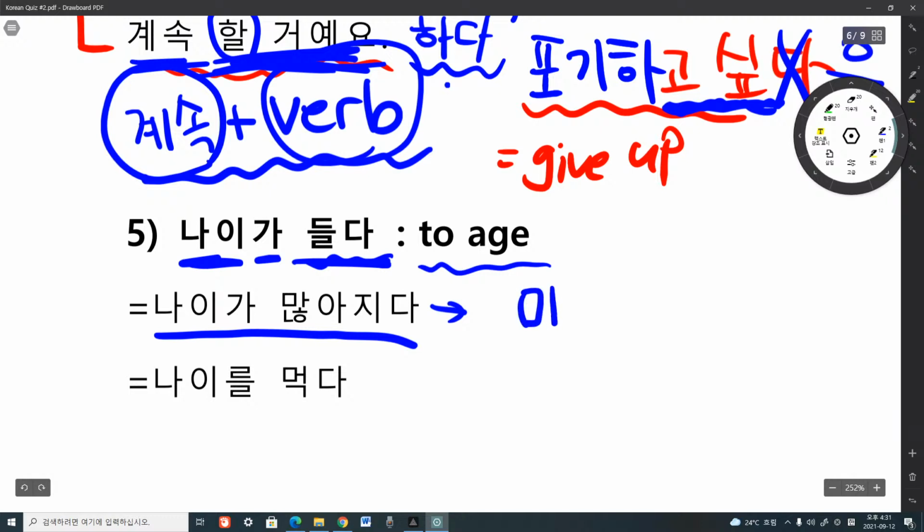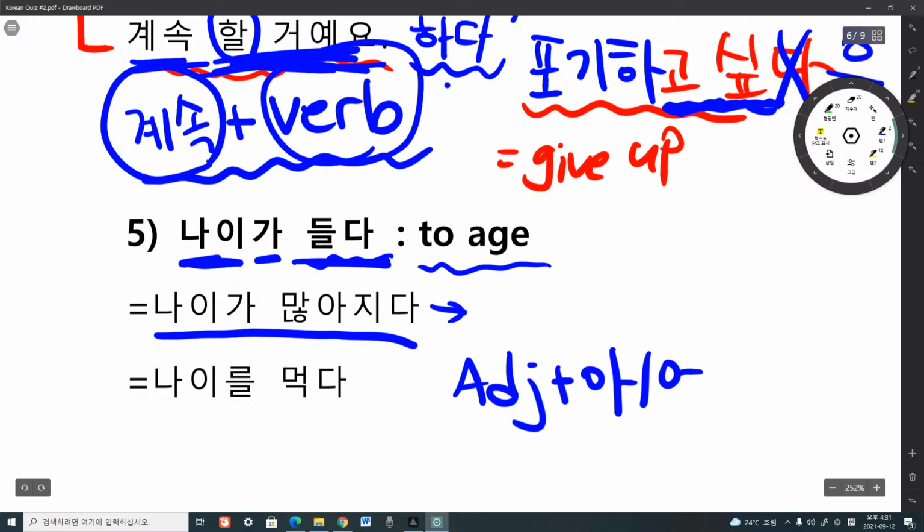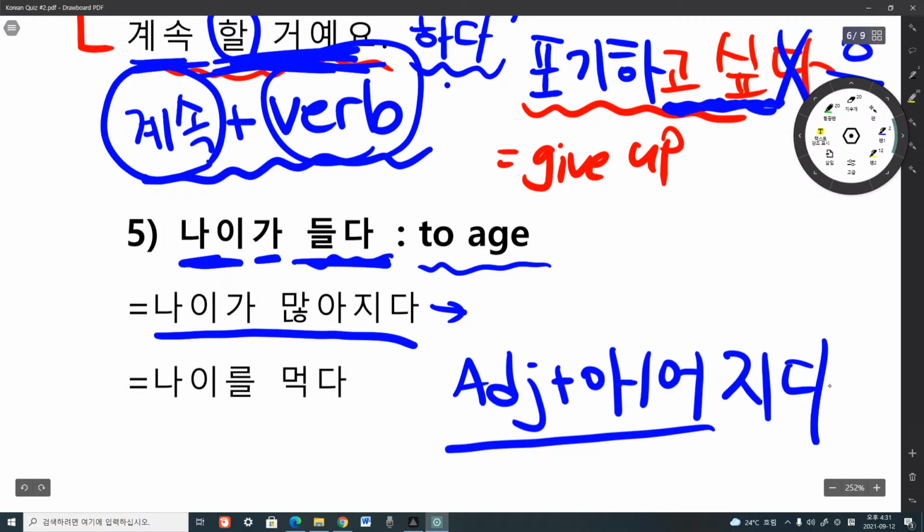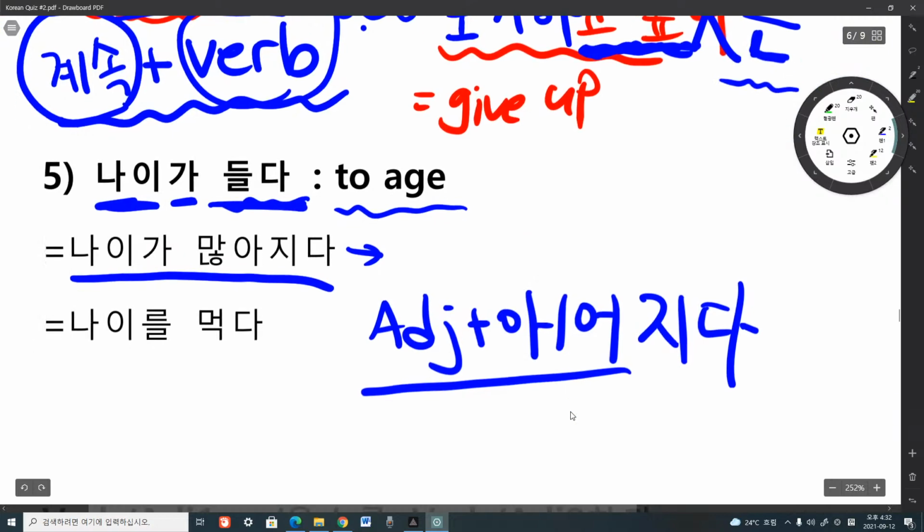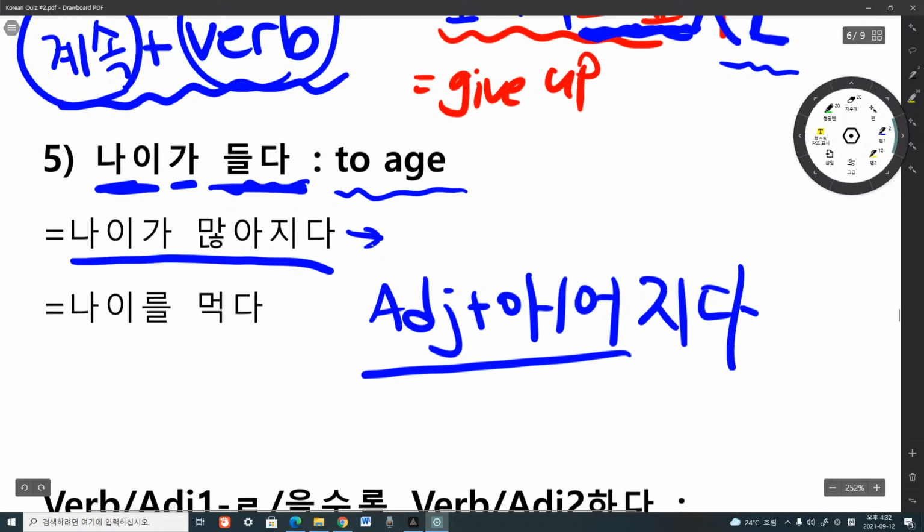If you break this down, do you guys remember, actually I'm not sure if I mentioned this in one of my videos, but if you conjugate adjective in present tense and then put 지다, do you remember what this means? Adjective, conjugate, it only works with adjective, guys.